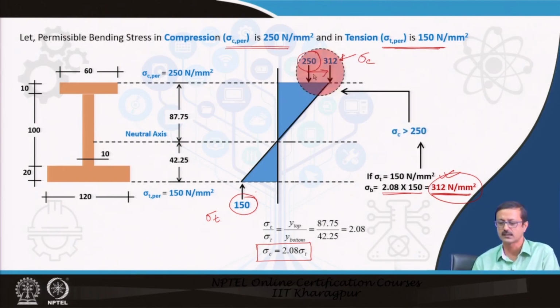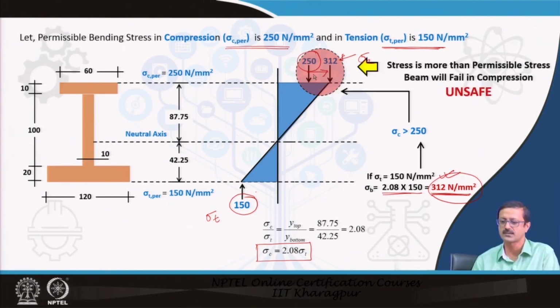I have written over there that it is more than 250, the stress is more than the permissible stress, and the beam will fail in compression, so it is unsafe. So, I cannot have this proposition that the bottommost fiber will have the limiting case of the tensile stress, and correspondingly the compressive stress will be much higher than its limiting case of 250.